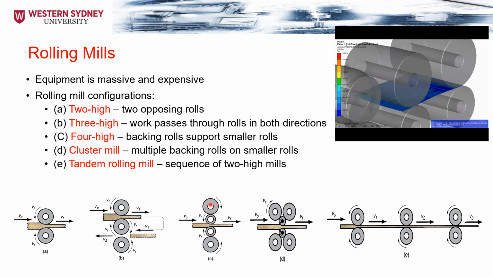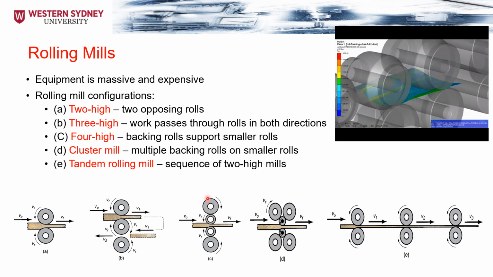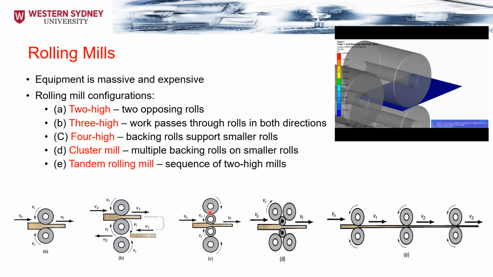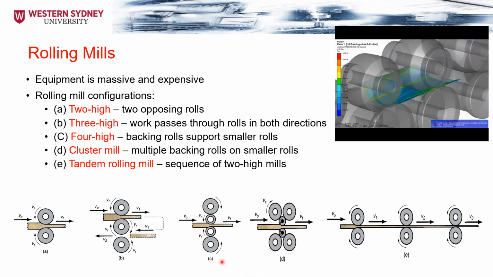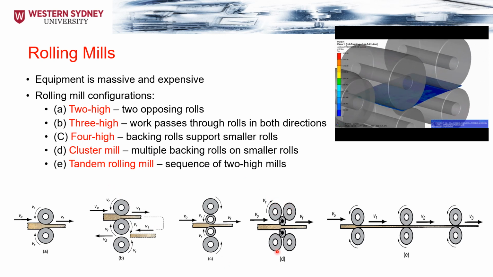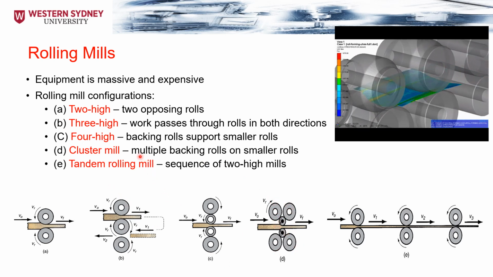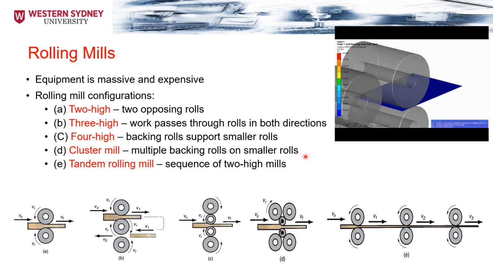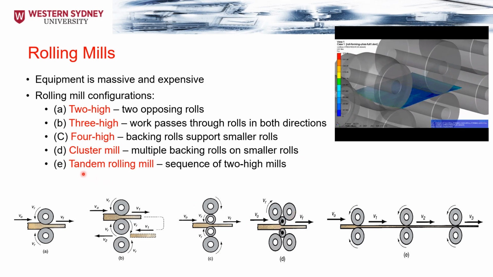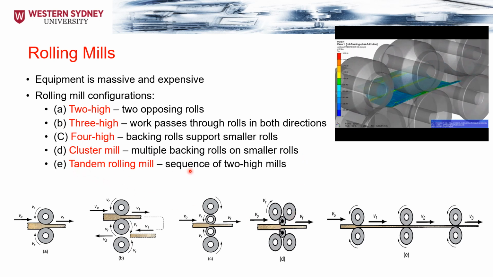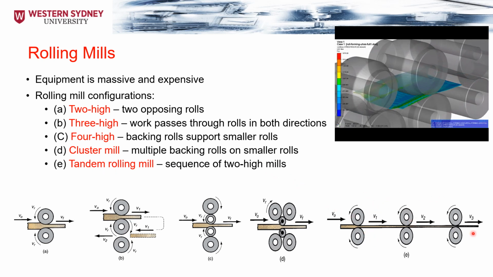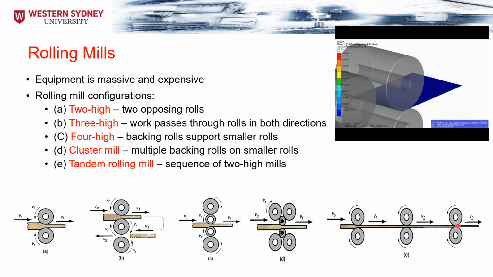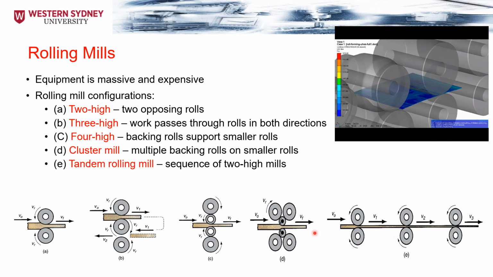The main reason for that is we're going to have higher velocity with less torque because we're going to have a larger roll rotating the smaller one. We can have the cluster mill, 1, 2, 3, 4, 5, 6, multiple backing rolls on the smaller rolls. We have the tandem mill, tandem rolling mills. We're going to have a sequence of two high mills, so each one is going to reduce the thickness by a certain value.